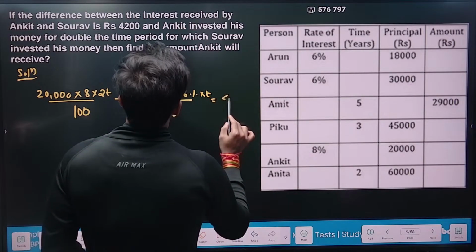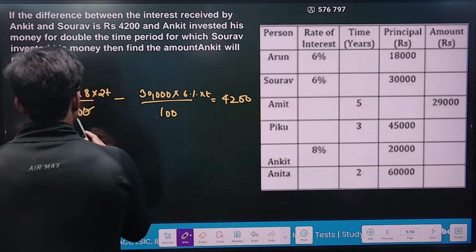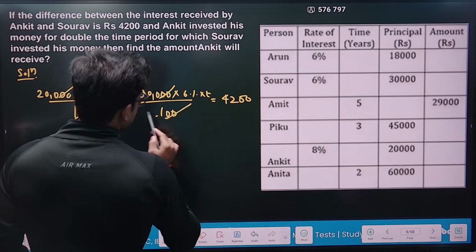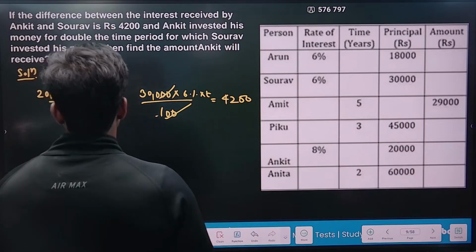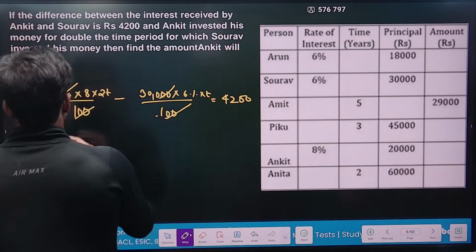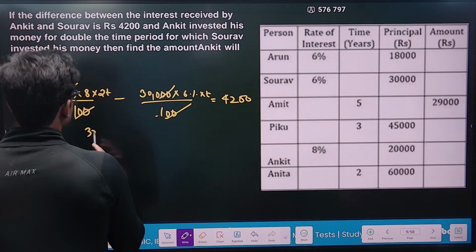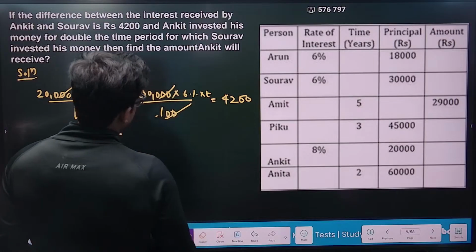This would be equal to 5200. Okay, all of these zeros cancel out. This is 32t minus 18.